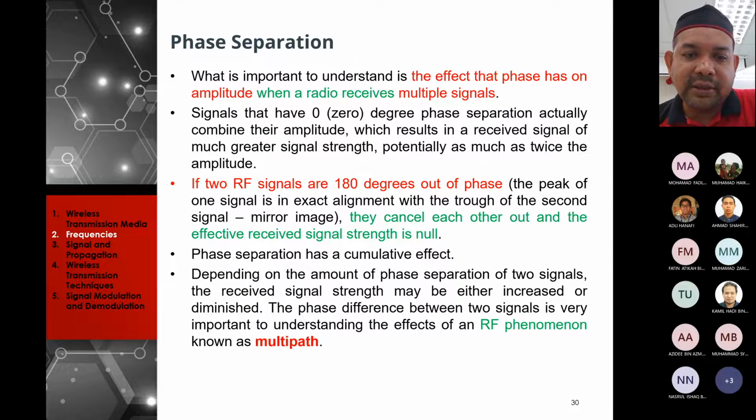So if two RF signals are 180 degrees out of phase, the peak of one signal is in exact alignment with the trough of the second signal ataupun mirror image, they cancel each other out and the effective received signal strength is null. So phase separation has a cumulative effect. Depending on the amount of phase separation of two signals, the received signal strength may be either increased or diminished. The phase difference between two signals is very important to understand the effect of RF phenomenon known as multipath.